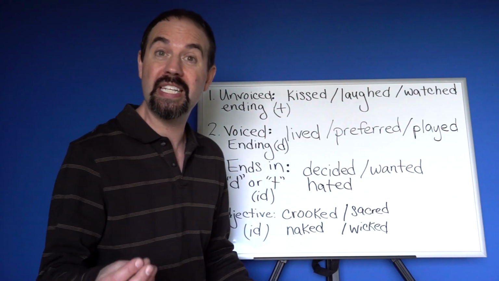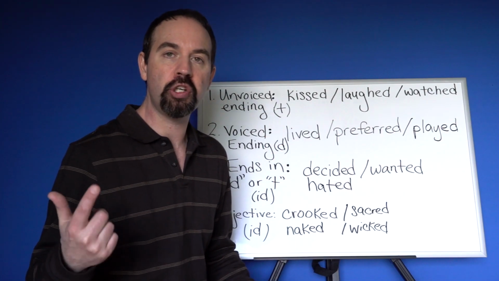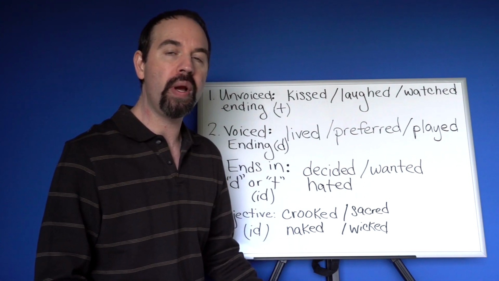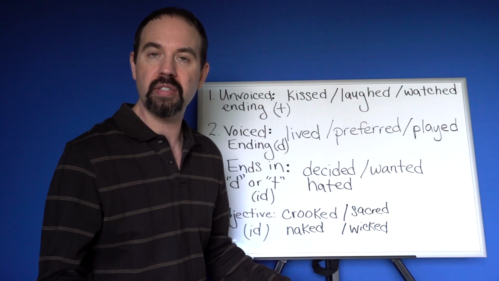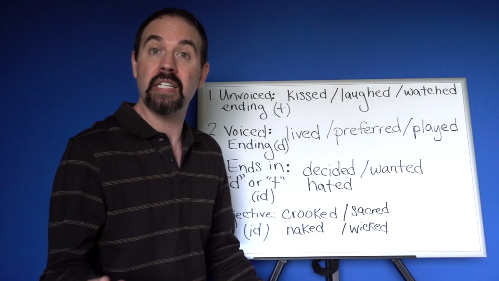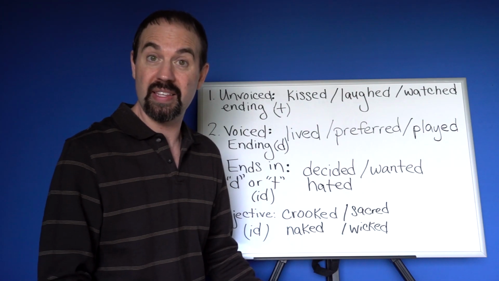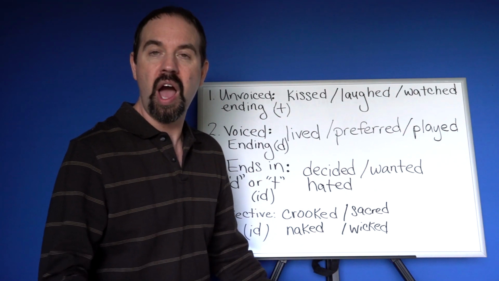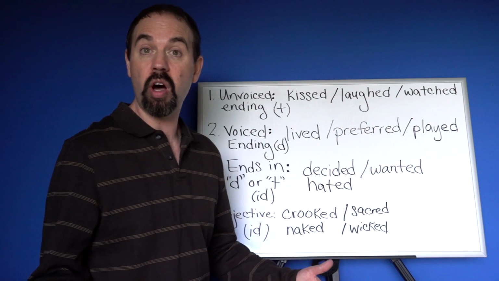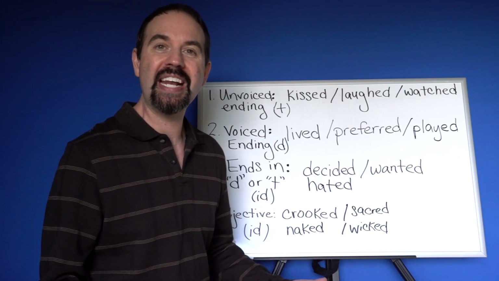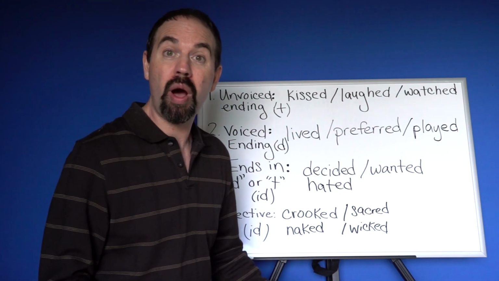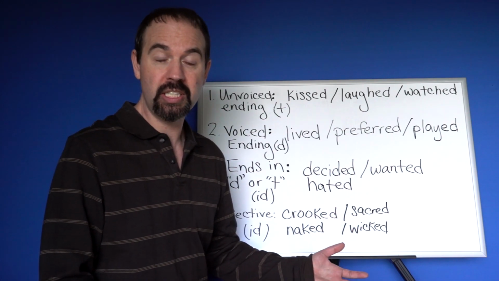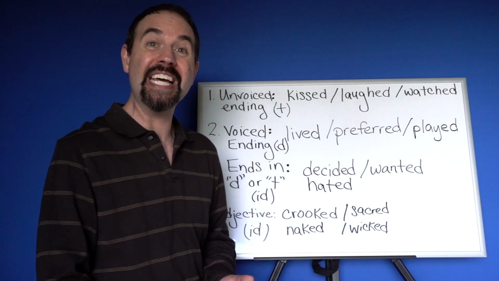Lived with a D. And as you start to hear that, and as you learn those patterns, you're going to start to understand and automatically start pronouncing the words in the same way that a native speaker would speak. For now, I recommend that you write down a lot of words in English that end in ed and try to determine whether they're pronounced with a d, a t, or an id sound.